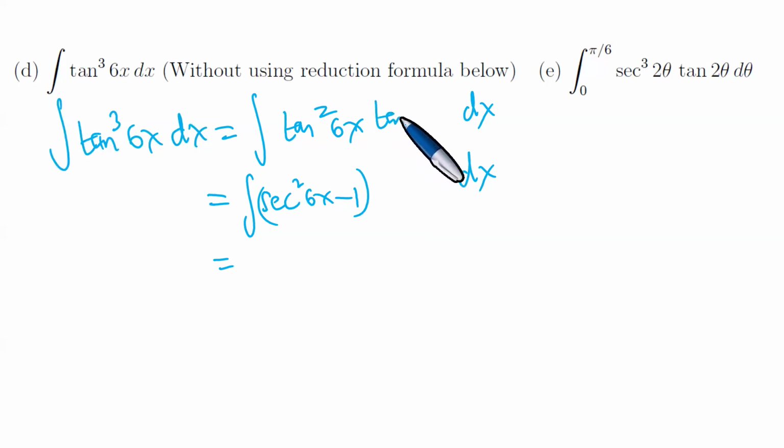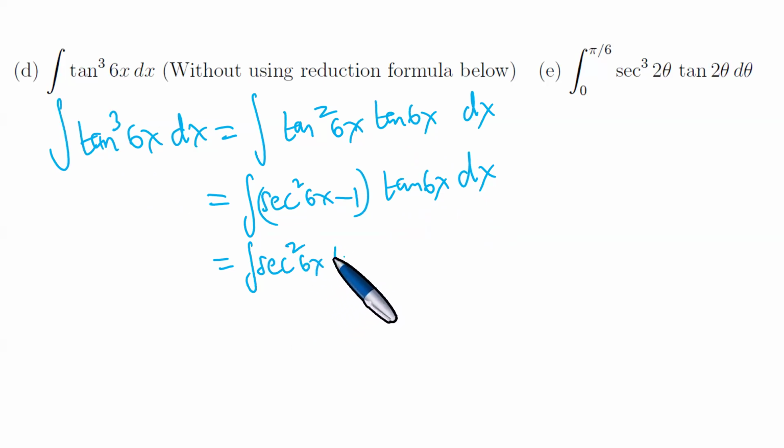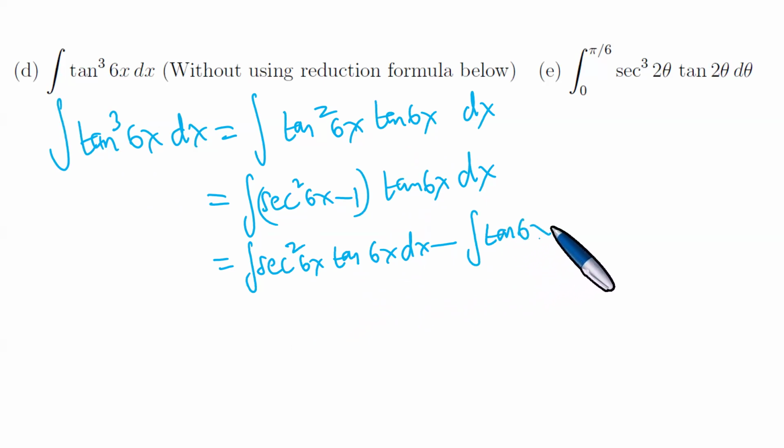So it becomes a tan. All right, so we distribute. So which is the integral of sec squared 6x tan 6x dx minus the integral of the tangent of 6x.